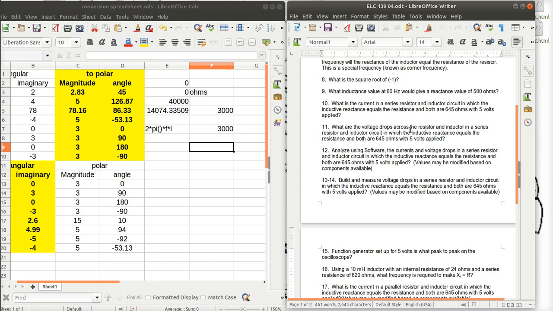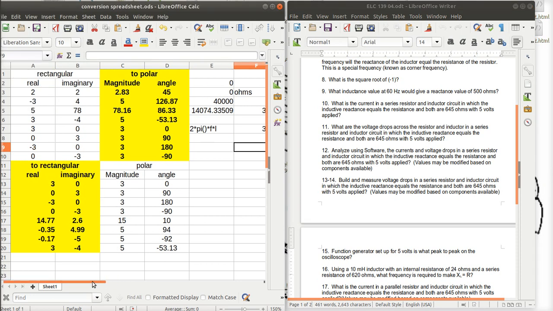What are the voltage drops across the resistor and inductor in a series resistor inductor circuit in which the inductive reactance equals the resistance and both are 645 with 5 volts applied? This is an Ohm's law problem. We know the voltage, what we need is the impedance, in terms of magnitude and angle.